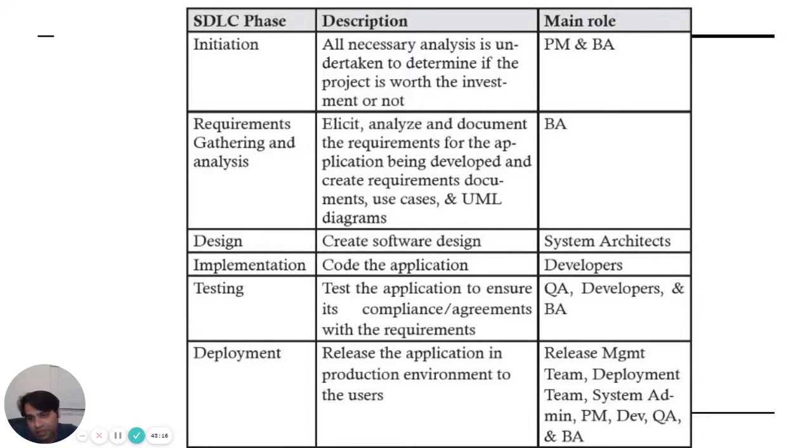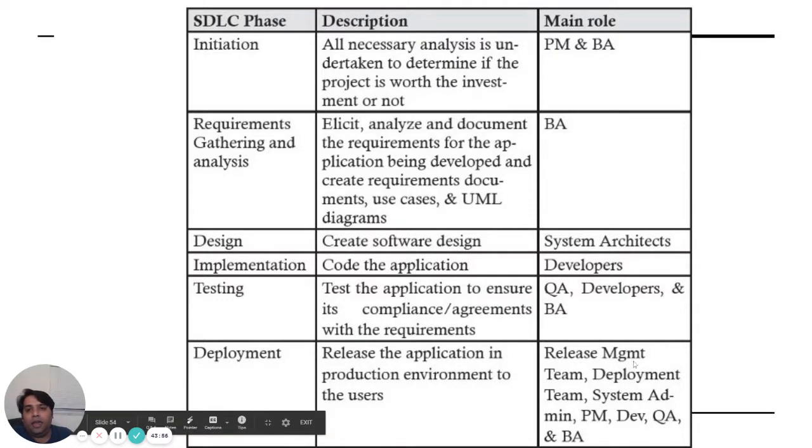Design, architect, the system architect, whoever is associated with the architecture role. Implementation, developers, right? Implementation means development basically. Testing, QA, developers are also part of it, and sometimes BA for UAT, not technical stuff. Deployment, most of the time DevOps, and BA has to monitor everything.